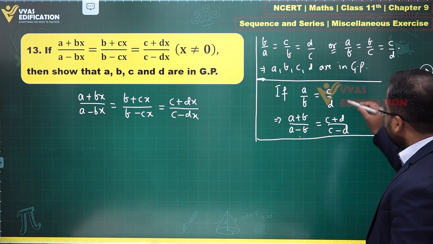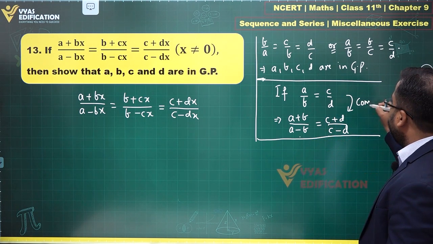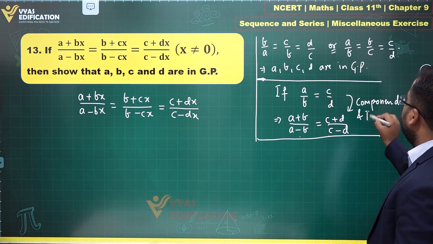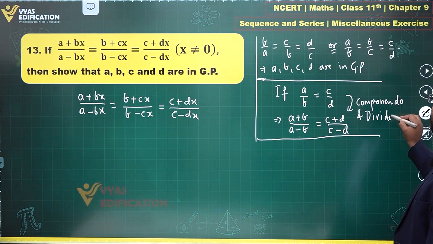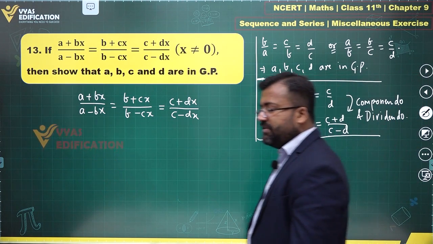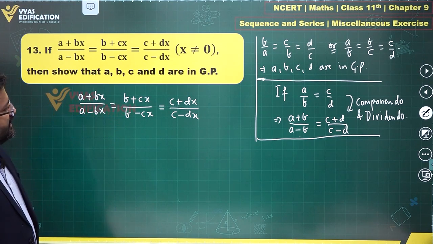This step is called componendo and dividendo. This is what we need: (a + b)/(a - b) = (c + d)/(c - d). Is that okay?